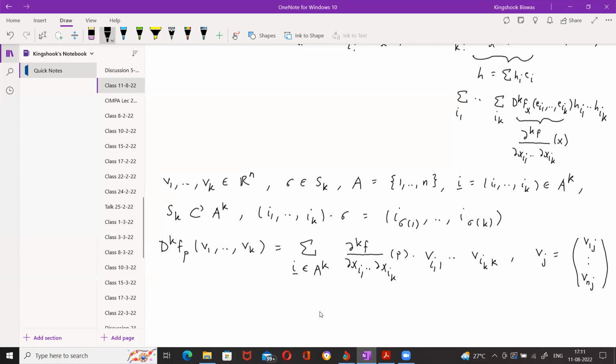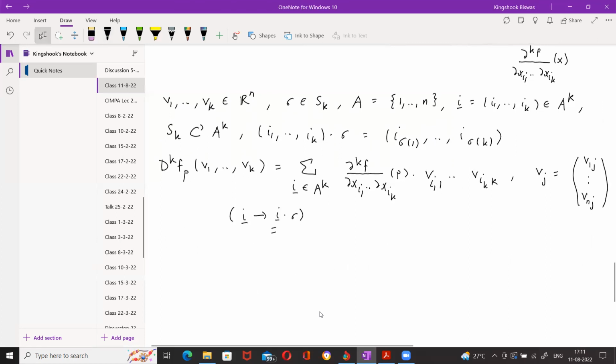So now I basically make a change of variables. I replace I bar by I bar dot sigma. That will just permute the sum, right?